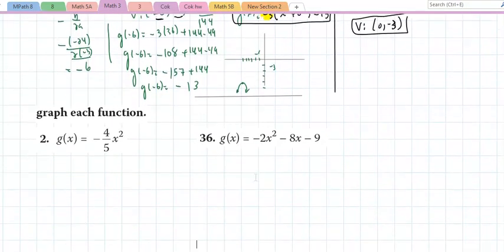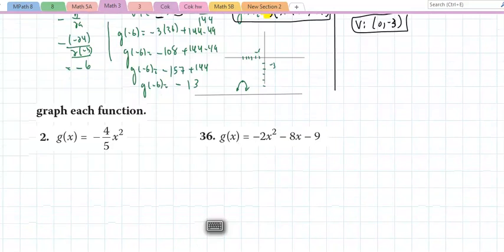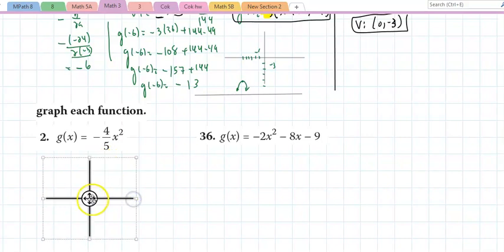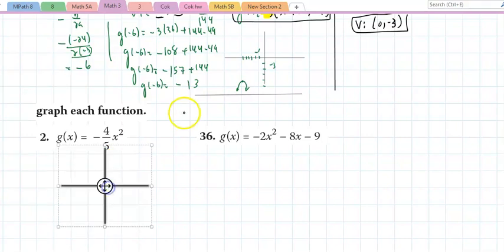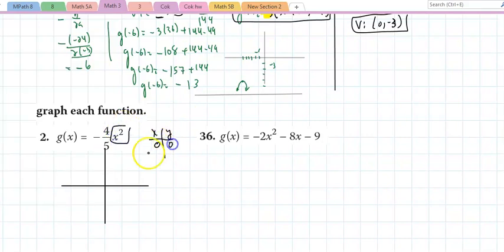Here they say sketch a graph. If we want to graph this, we could figure out where this equals 0 at 0. So there's the center. And this opens down. So I could just sketch a rough sketch like that.